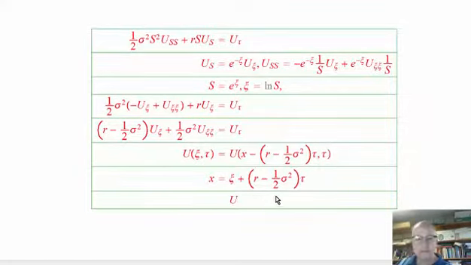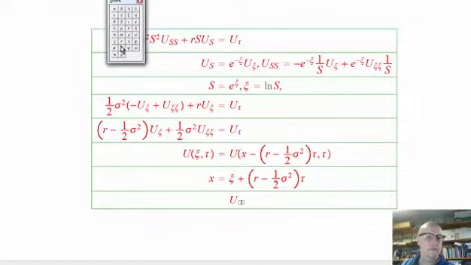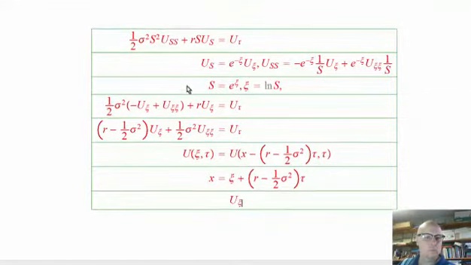So when I differentiate this with respect to x, I get the derivative with respect to the first argument, times the derivative of the first argument with respect to x. And dx of this thing is just 1.